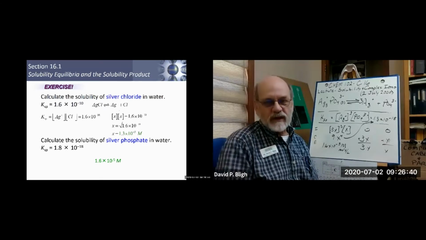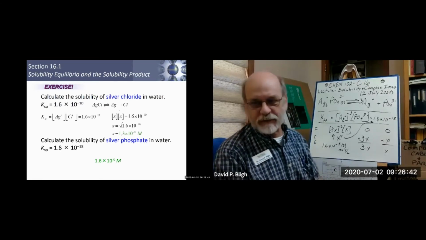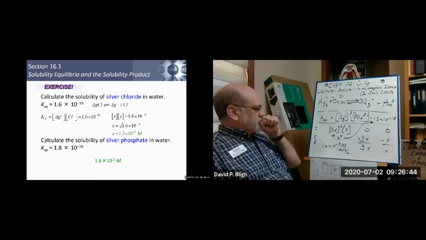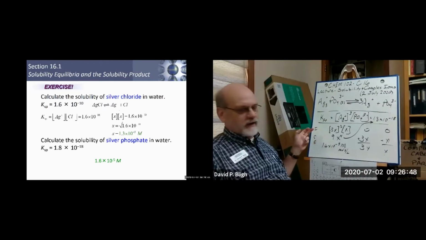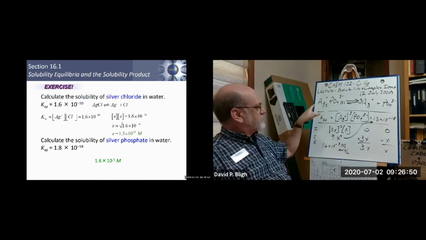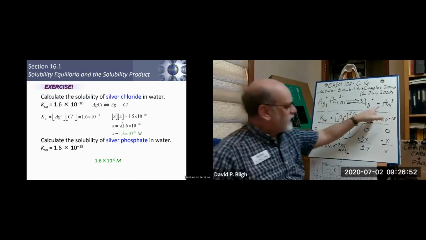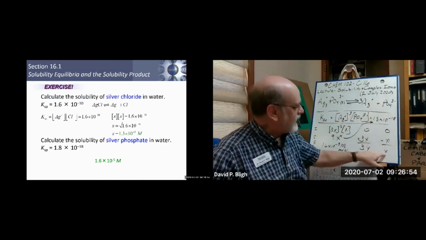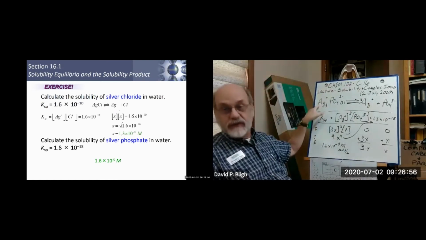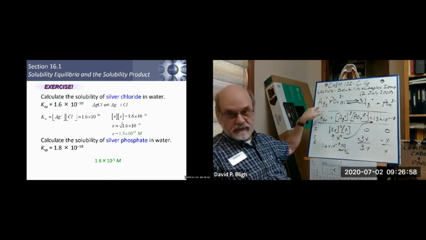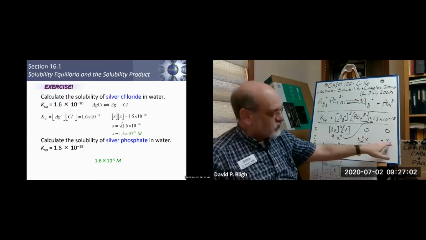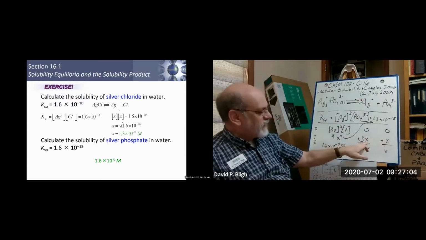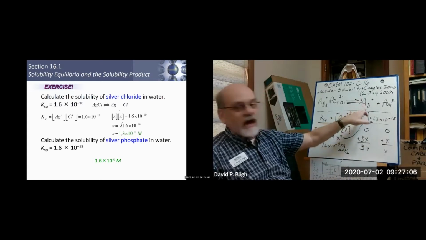Okay. Solubility is the topic right now. So it's important in this case to pick your X. If this is 1 and that's 1, then that X is the solution to the problem. But if you choose X for this one, that makes this one 1/3, then the X is not the answer.